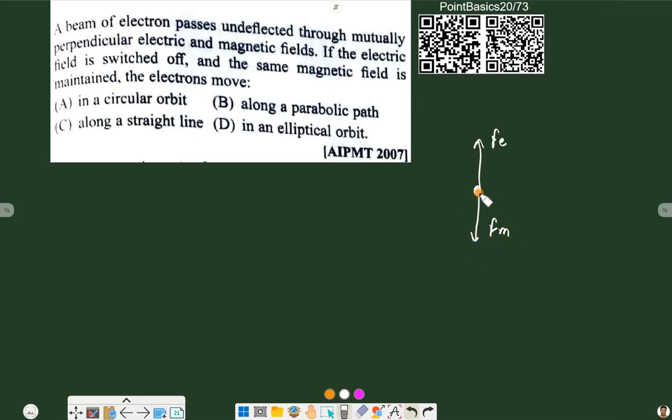Suppose this is a charged particle, and on it we have upward electric force and it is balanced by the downward magnetic force, so it keeps on moving in a straight direction.